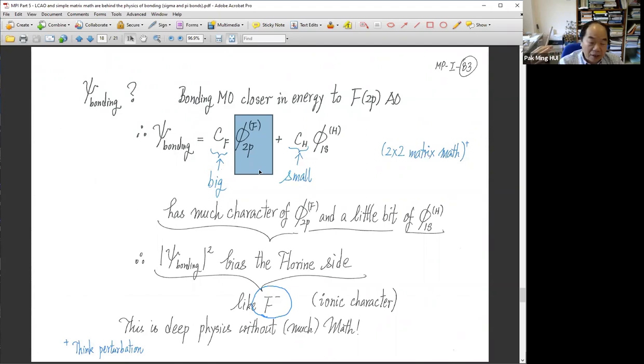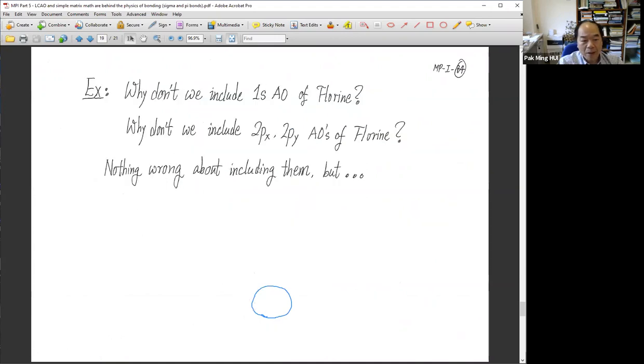In quantum mechanics, we only get the wave function. That's it. How the wave function distributes the electrons, then we look at the picture and then see there is some strong ionic character in this bonding. And this is the case for HF. Okay?